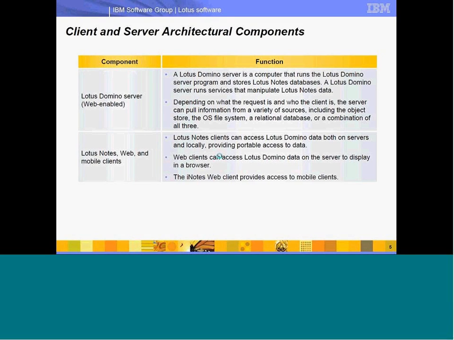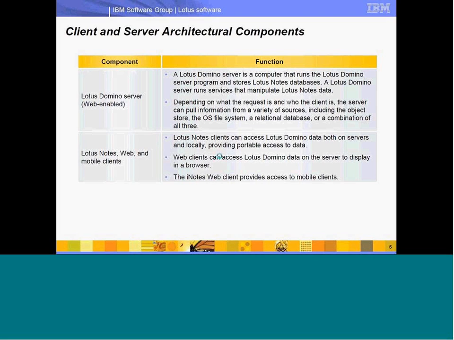We talk about the components. The components basically, in a client and server architecture, we have two different components. One is the Domino server, which is web enabled. The other is the different types of clients. The Domino server is a computer that runs the Domino server program and stores Lotus Notes databases.